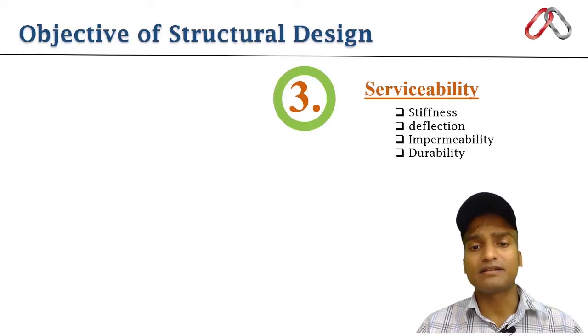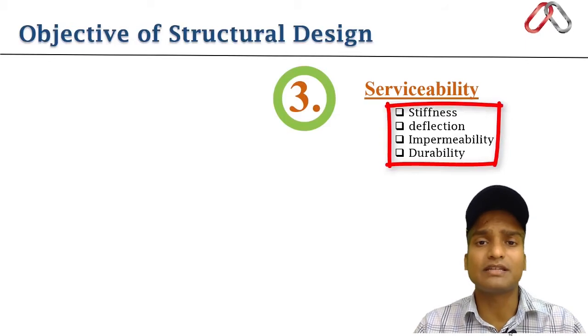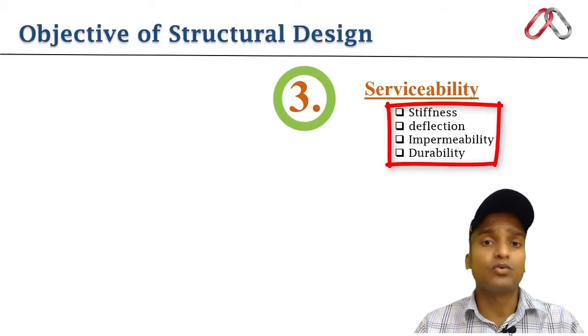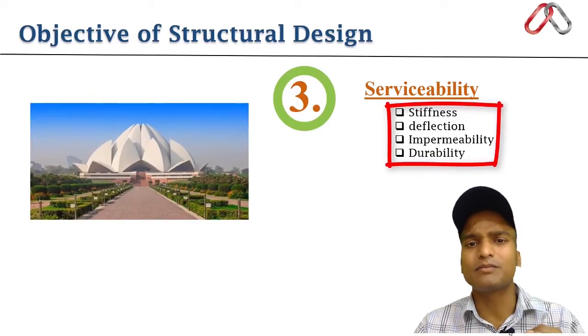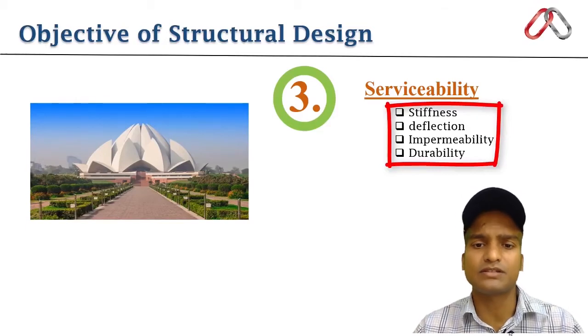All these factors are important to check whether the building is serviceable, रहने लायक है या नहीं है. For example, the Lotus Temple of Delhi is a very high class serviceable building, very durable in all situations.